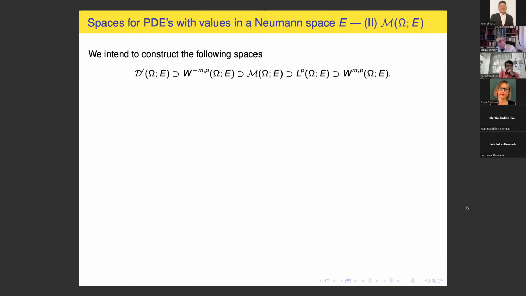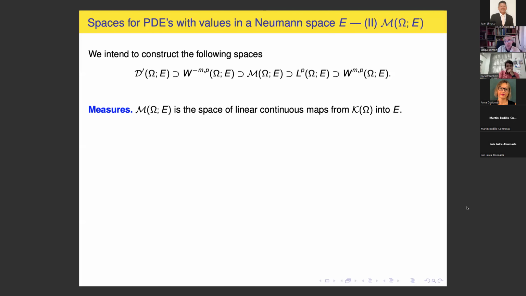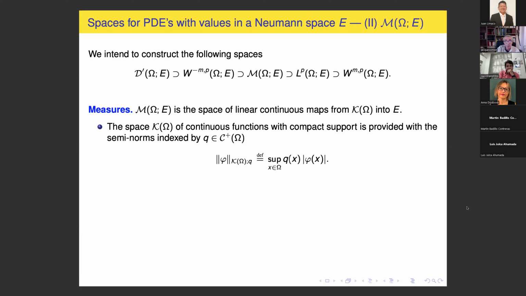So now, with the distributions, we intend to construct the space of measures and the spaces LP, W minus N P and W N P. The measure space is the space of linear continuous functions from K into E, where K is the continuous functions with compact support, provided with these seminorms. And this is a Neumann space.